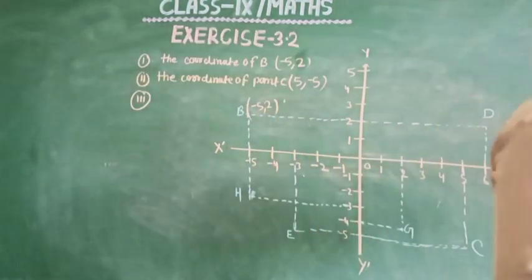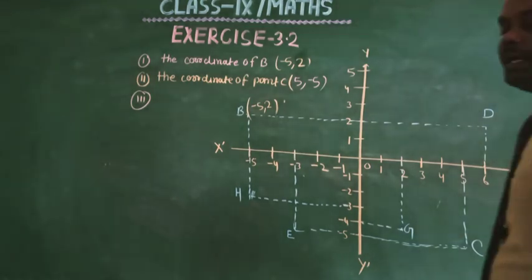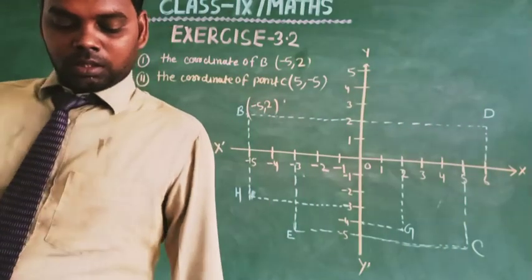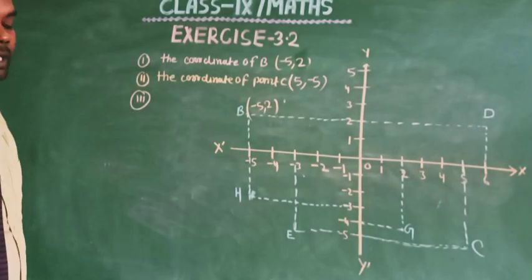The third part is the point identified by the coordinates minus 3 comma 5.